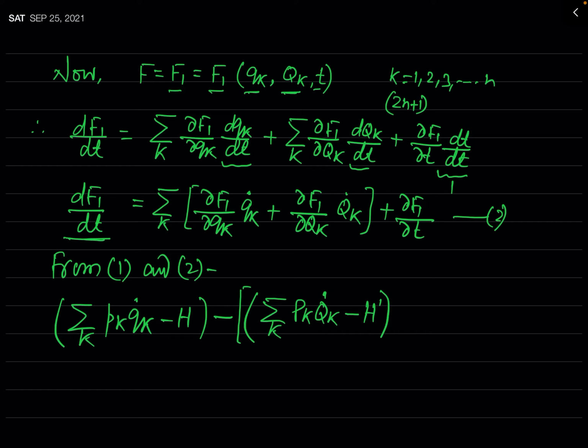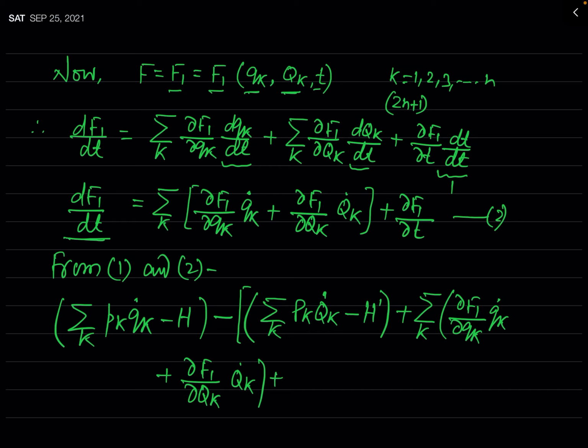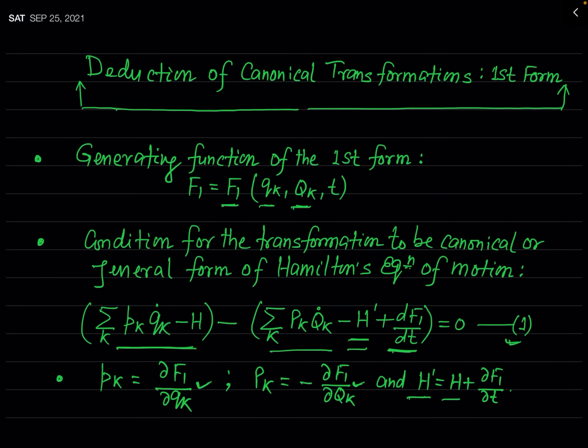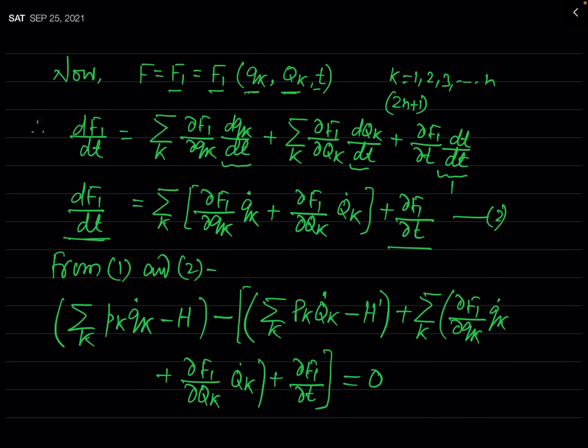So this is plus summation over k del f1 by del small qk times qk dot, and plus del f1 by del capital Qk times capital Qk dot, and plus del f1 by del t, and this is equal to 0, since in the RHS of this equation 1 there is 0.